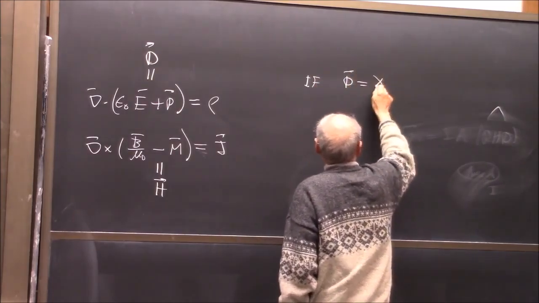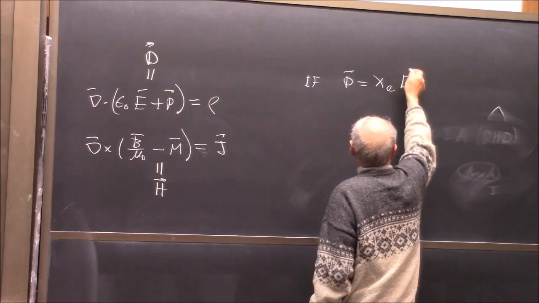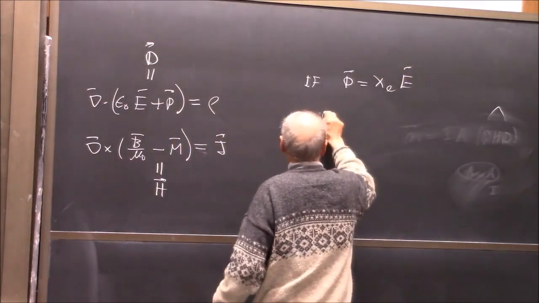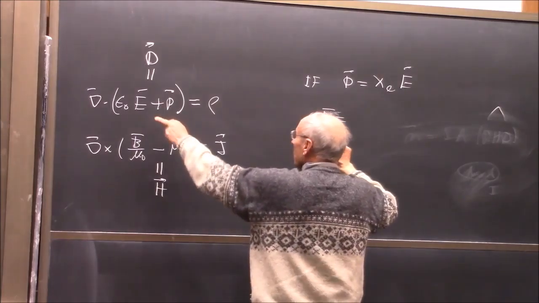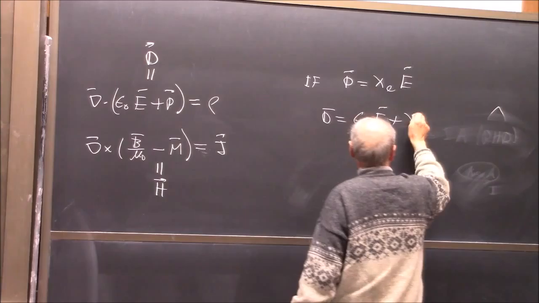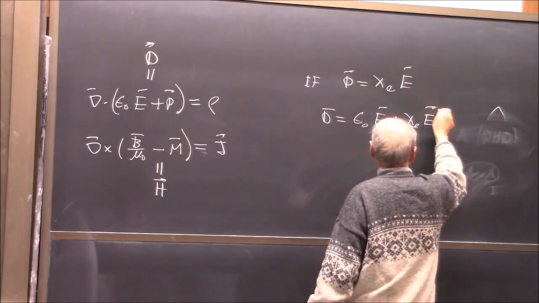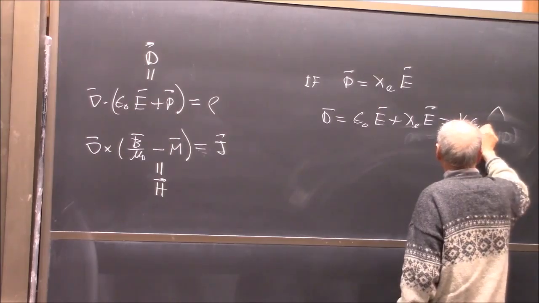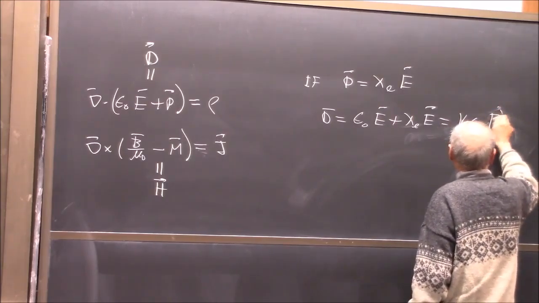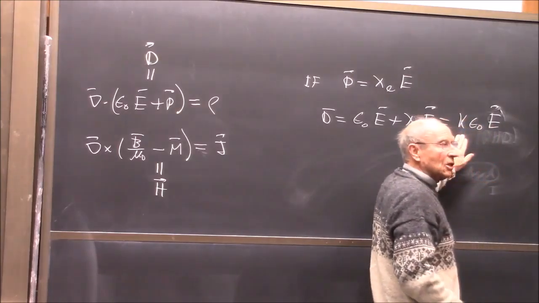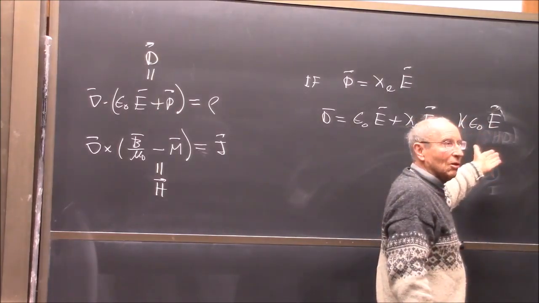Then what you got is D was equal to epsilon 0 E plus chi times E, which we simply call kappa epsilon 0 times E. And that was the dielectric constant, and that's how we proceeded to solve the problems.